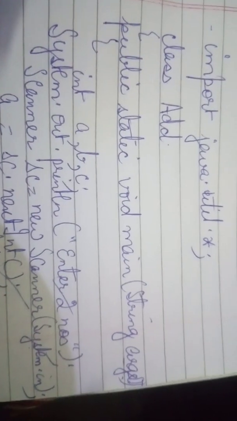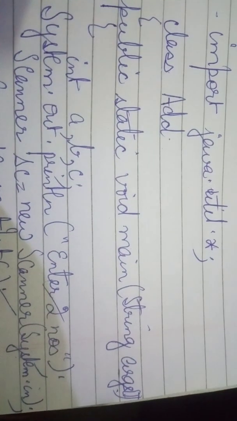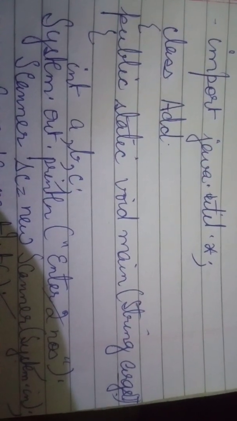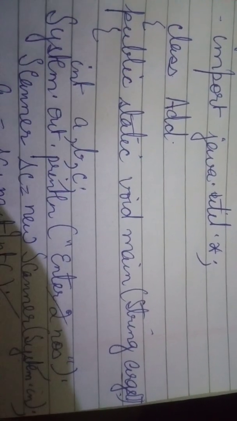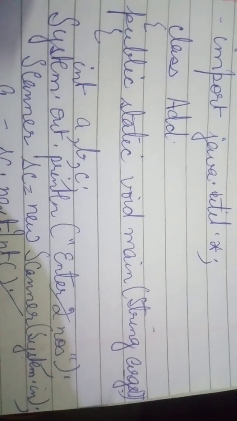import is a keyword. Then I have written class add, public static void main String args, curly brace open. I have to take 2 numbers and add them, so I need 3 variables, 2 to input from the user, a and b, and c, the third variable to take the sum. So int a, b, c will be declared with semicolon. These are identifiers. With System.out.println we are writing enter 2 numbers.